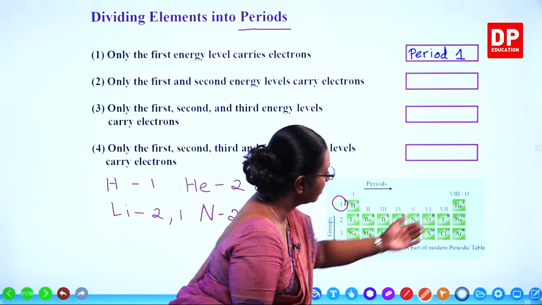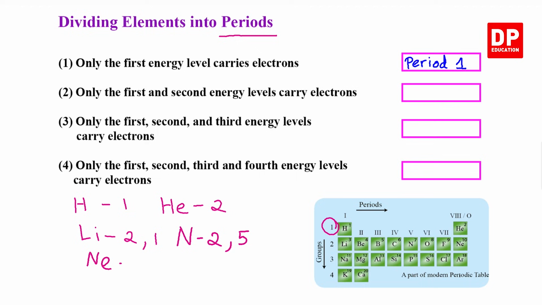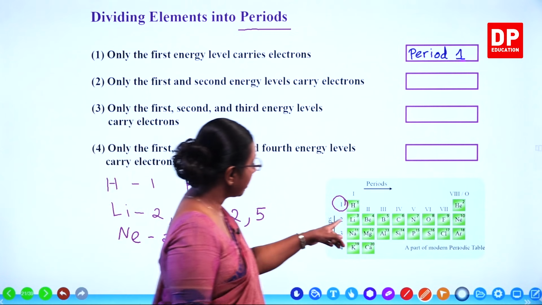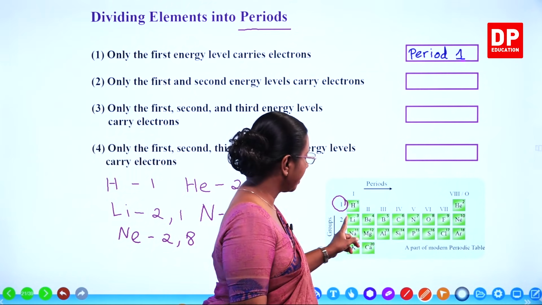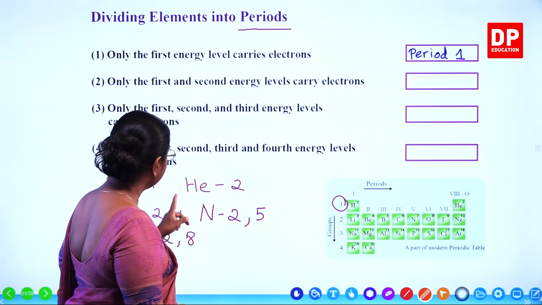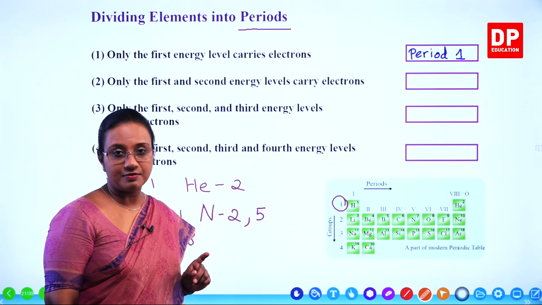If we take neon, neon has 10, so it's 2, 8. So, all the elements starting from lithium up to neon, atomic number 3 to 10, will have electrons in the first and the second energy levels.